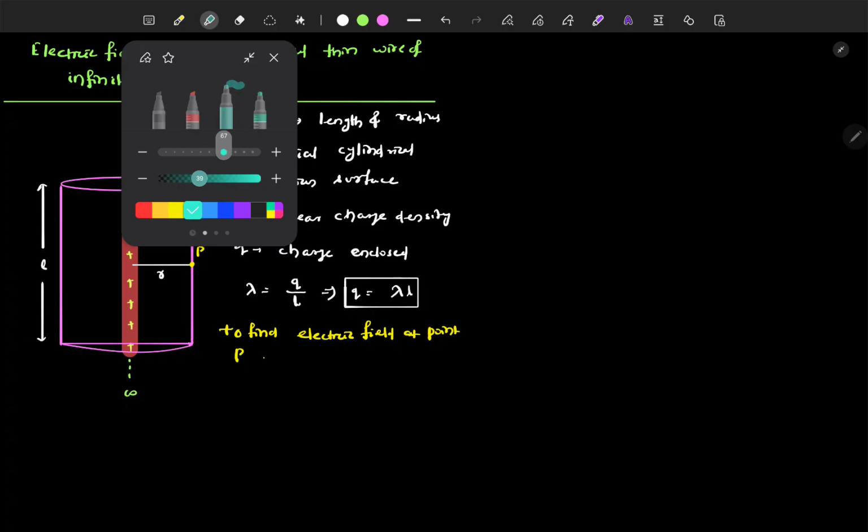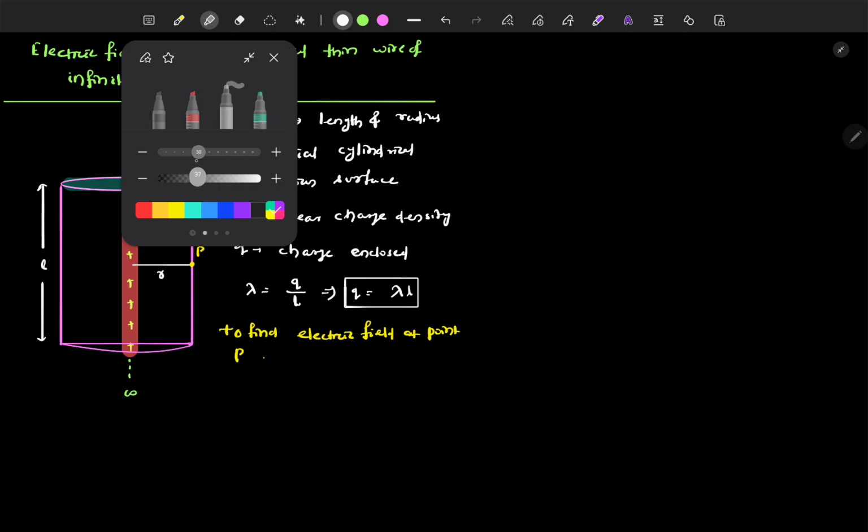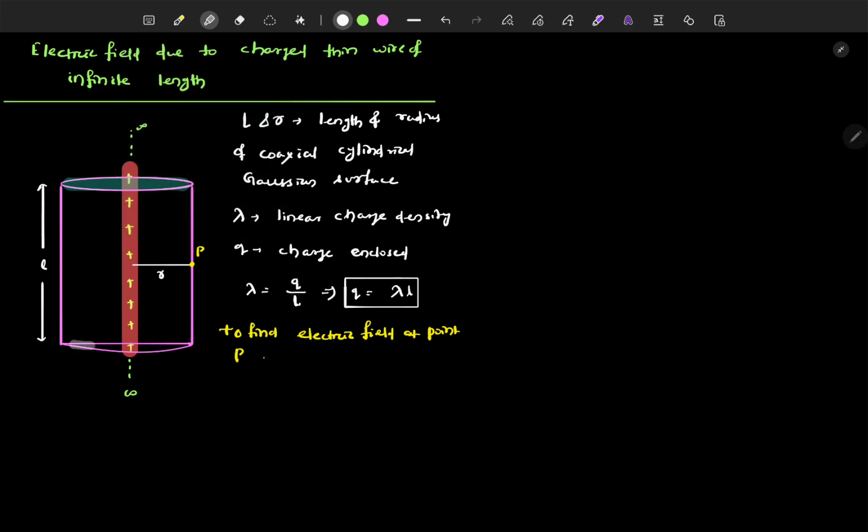There are three surfaces. One is your top surface, second is the bottom surface, the white color portion, and third is your curved surface.